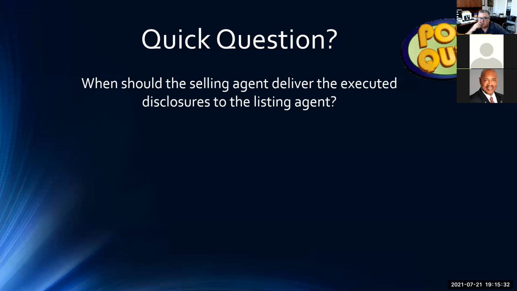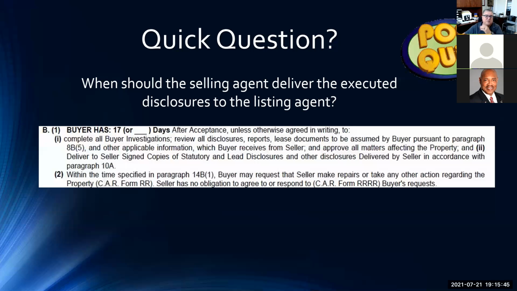In other words, if you want to get it back to them as soon as possible, that's fine. Let's just remember what we talked about in the last slide, and that is that you want your client to understand what they say. So you want to take maybe a little bit of extra time, but the actual answer is right here, and this is section 14B of the contract, and it's a matter of days, and typically it's the same as the time you're going to remove contingencies, right?